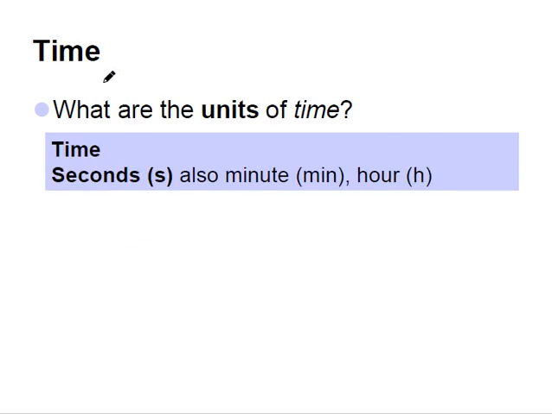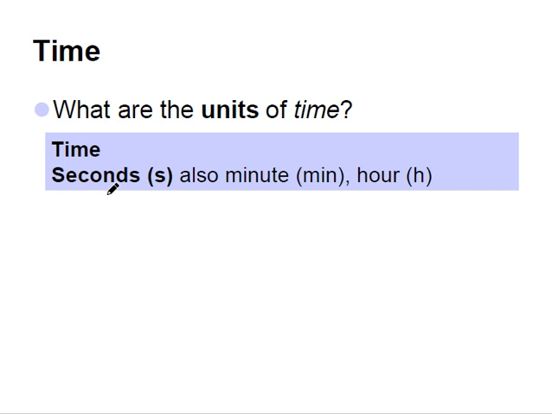Now we know a little bit about time, the activities from one point to the next. And now we have to know the units of time. Time is a measurement, and everything that we can measure, we have units. We use seconds in our U.S. customary system, and of course we have minutes.